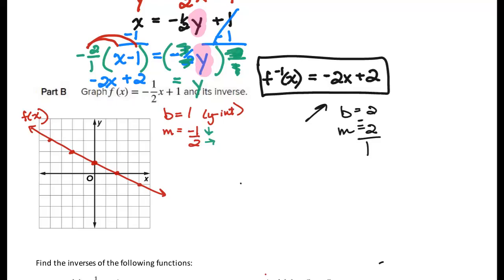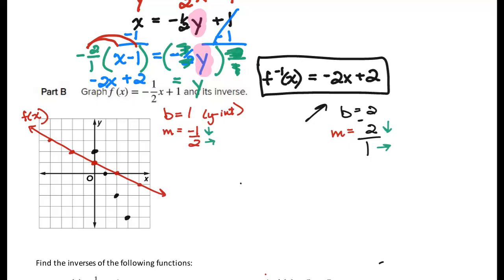Let me write that with something else. Negative 2 over 1, which means I am going down 2 and 1 to the right. So starting at the y-intercept of 2, then I'm going to go down 2 over 1, down 2 over 1, down 2 over 1.